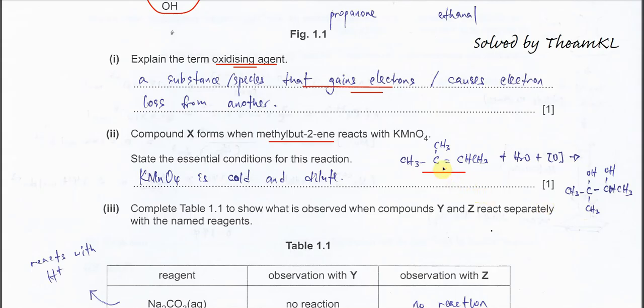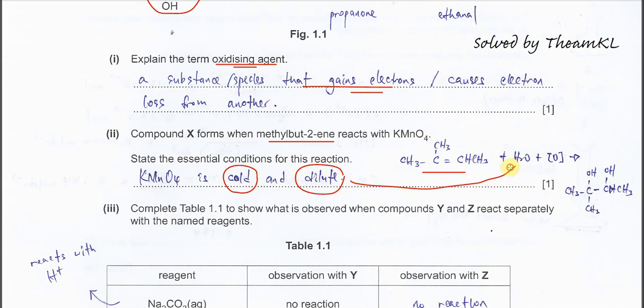So in order for this alkene, or the C=C double bond, to form diol, the KMnO4 needs to be cold and it must be dilute. So these are the conditions that are needed. When it's dilute, it means it needs some water, isn't it?